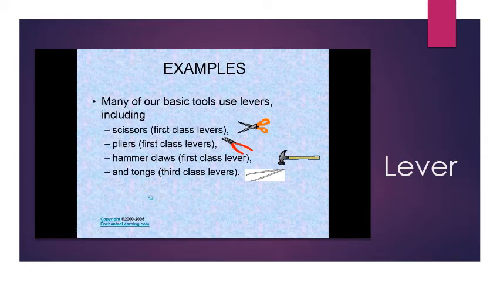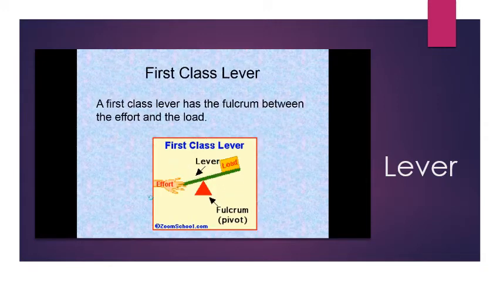Many of our basic tools use levers, including scissors, which are first-class levers, pliers, which are first-class levers, the claw end of a hammer, which is a first-class lever, and tongs, which are third-class levers. A first-class lever is identified because it has the fulcrum between the effort and the load.